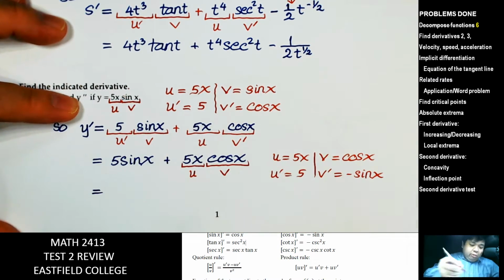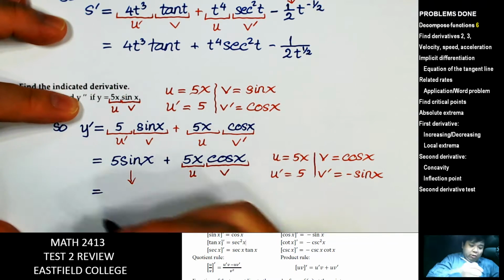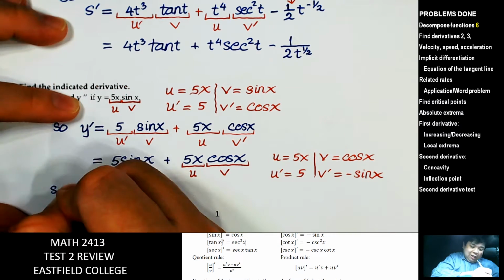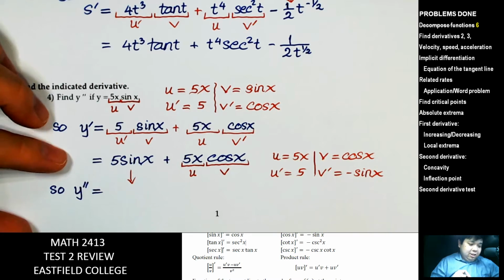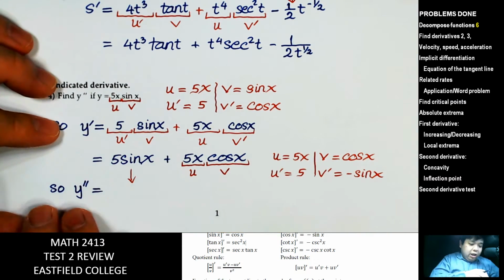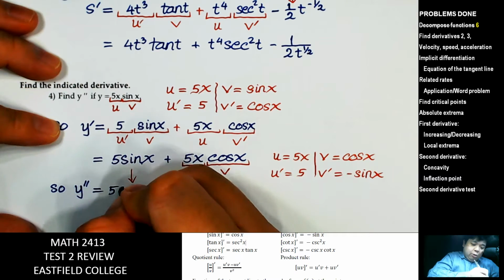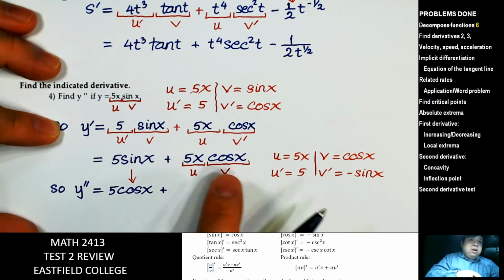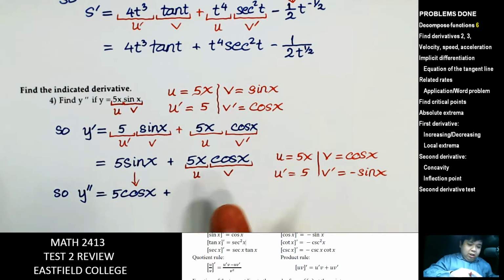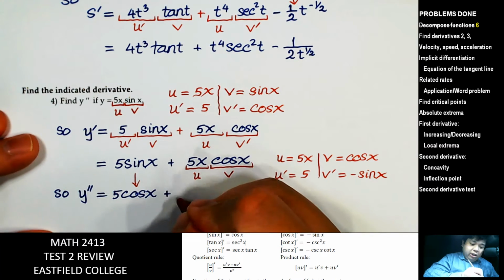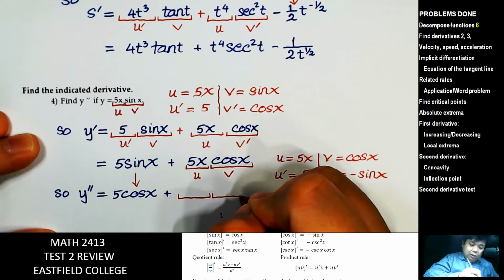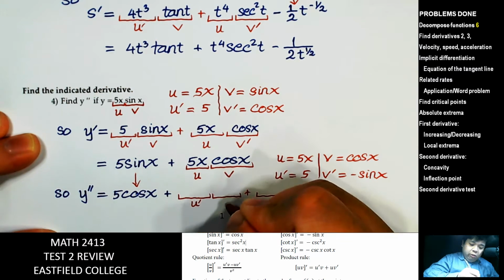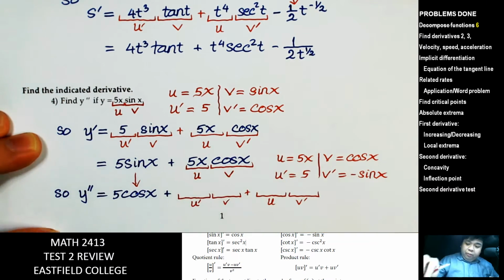The first derivative of 5 sine x will be, now this is the second derivative, so we have to distinguish that from the first derivative. So derivative is only those two lines. Now the second derivative, 5 cosine x plus, now the derivative of this is a product rule. The u and v now is, of course, those u and v. U prime v, u v prime.